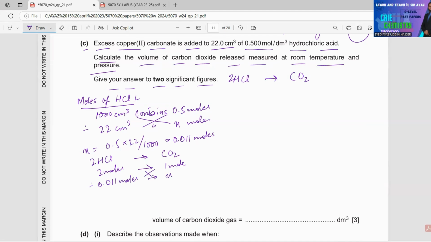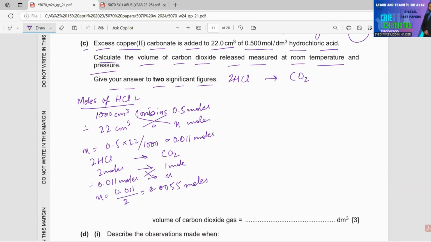Do the cross, you will get x equal to 0.011 divided by 2, which is 0.0055 moles.